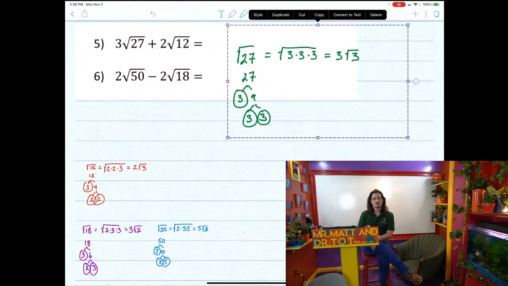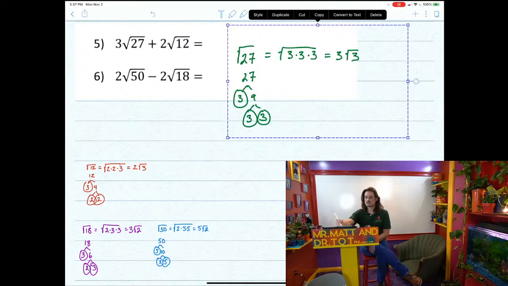So the prime factorization of 27, or the square root of 27, is the same exact thing as the square root of 3 times 3 times 3. And because we have the square root here, for every 2 underneath the radical, we can take 1 outside. And so the square root of 27 simplifies into 3 root 3.